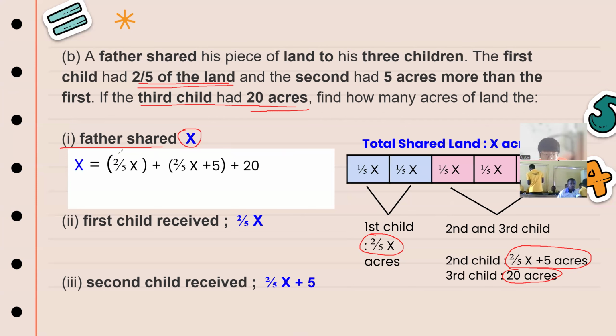The first child had 2/5x amount of land, plus the second child had 2/5x plus 5, and the third child had 20 acres of land.